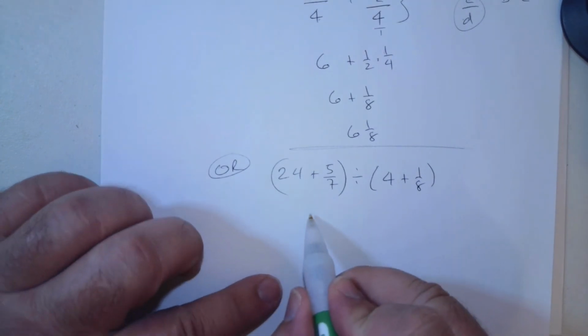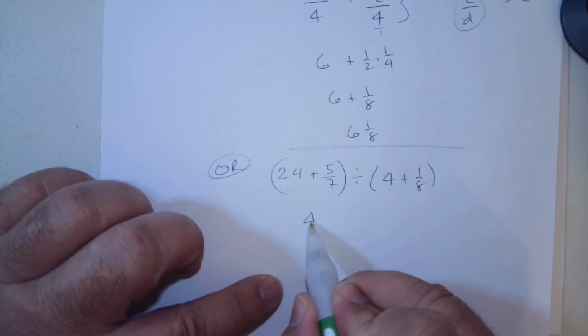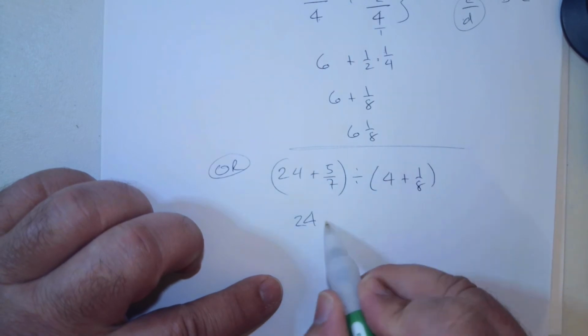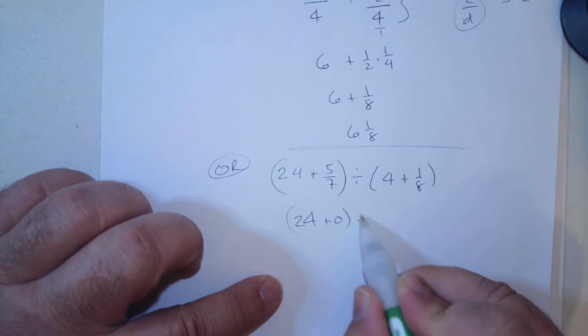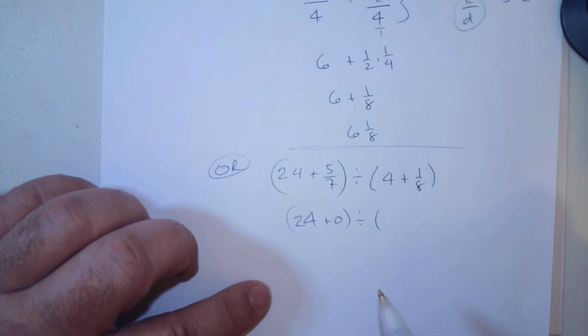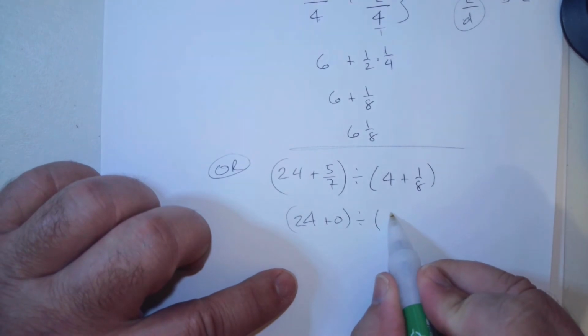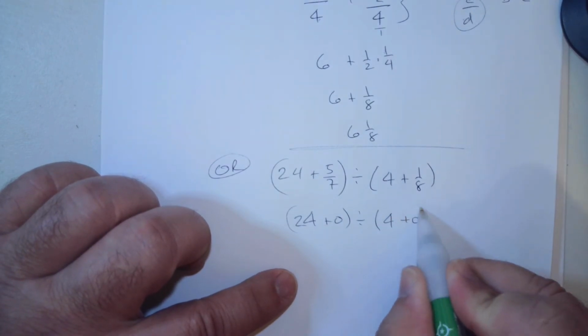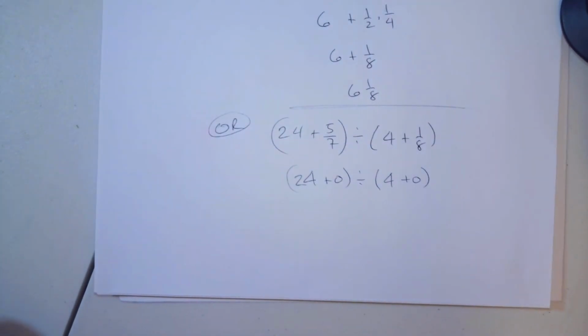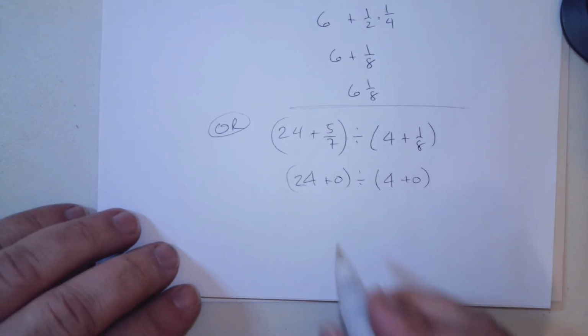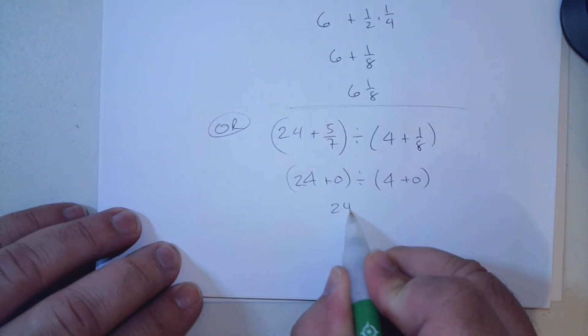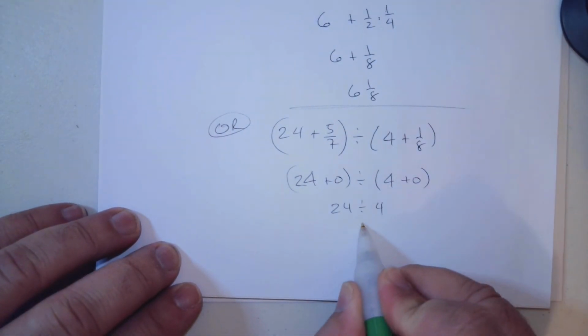What if we just went ahead and made both of those go to 0? So we have 24 divided by 4.